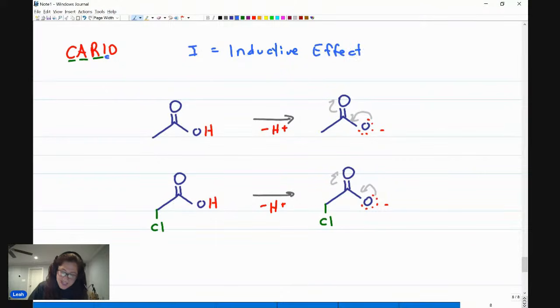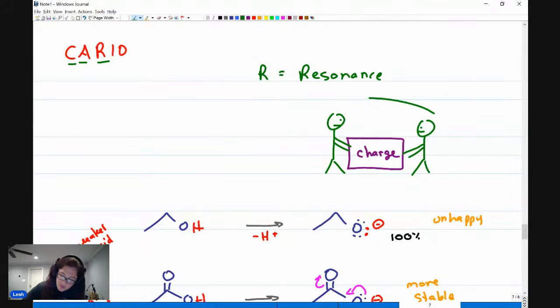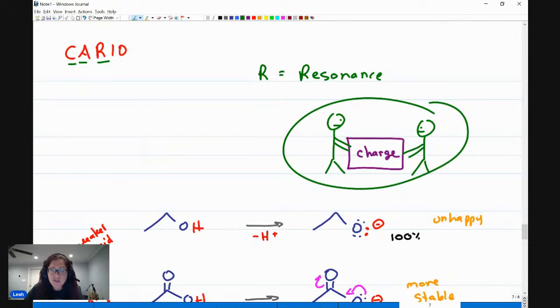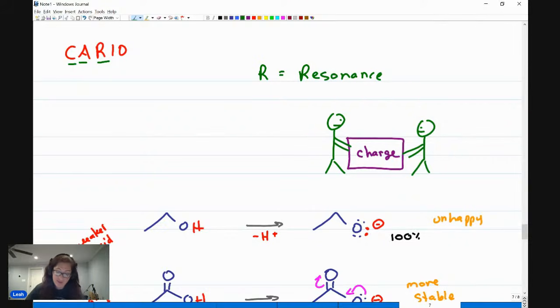Now this one is a little bit harder to understand compared to what we've done before. And so the way I like to think of the inductive effect is less physical help and more moral support. If you have to do something very difficult, say you have to carry something really, really heavy, then having physical support is obviously the best kind of help you can get.